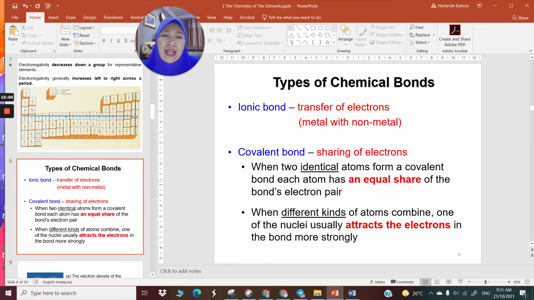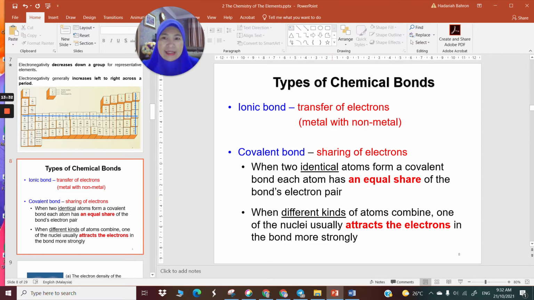When the two atoms bond, they share a pair of electrons: one from the hydrogen on the left, another from the hydrogen on the right, shared equally between the two.